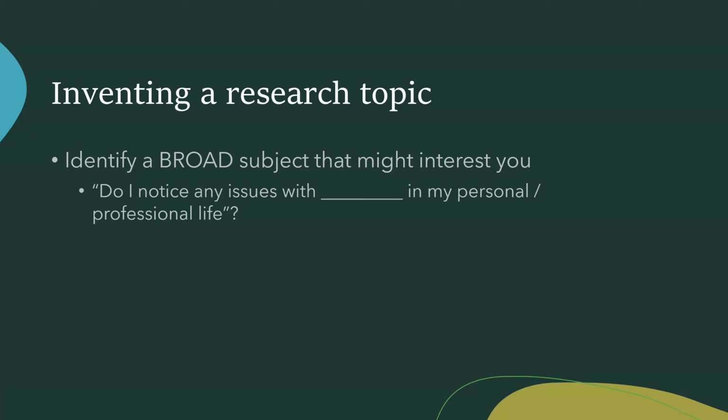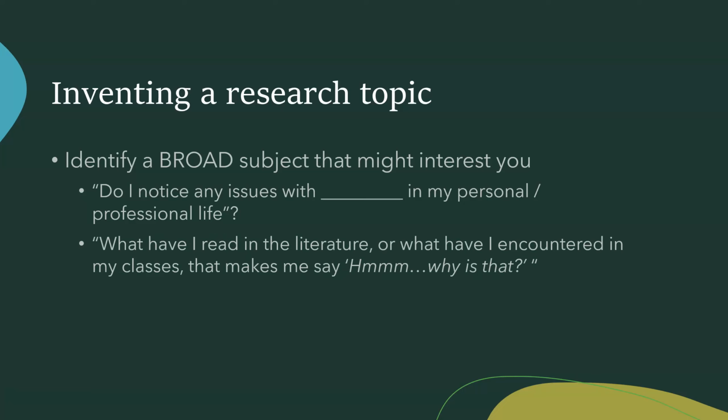So, for example, ask yourself, do I notice any issues with blank in my personal or professional life? Since this is a technical communication class, we could say, any topic related to technical communication, just stick in that blank. If you want to take this to another discipline, just go ahead and put whatever discipline it is, stick it in that blank. So, do I notice anything going on?